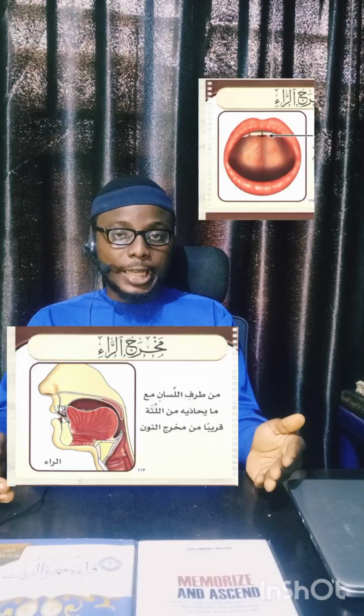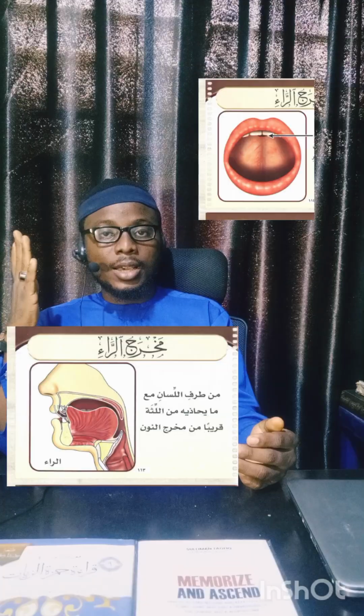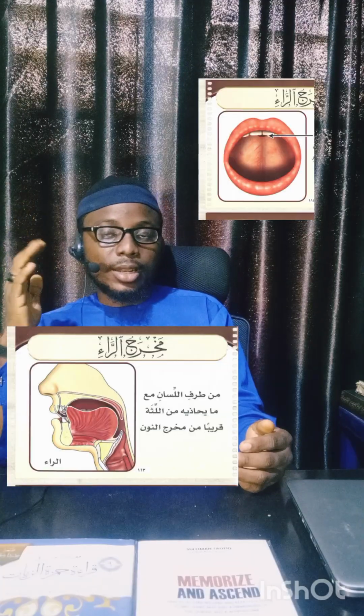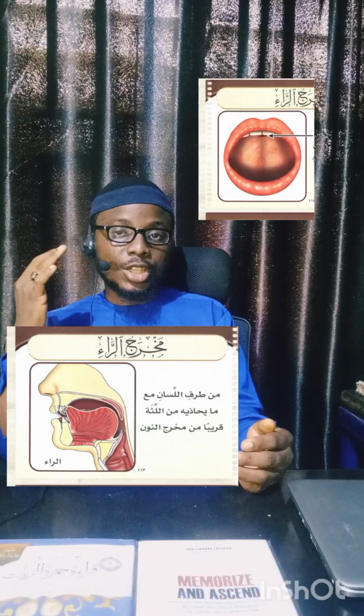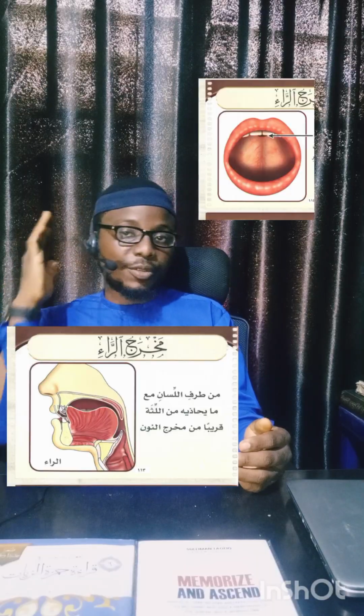Ra, when ra takes sukun, where does it come out from? So basically it comes out from the same place, a very close region with lam and nun. So we can say taraful lisan, the tip of the tongue, ma yuhadhihi, with what it touches, min lithati al-thanaya al-ulya, from what it touches in the upper part of the mouth, or al-hanak al-a'la.